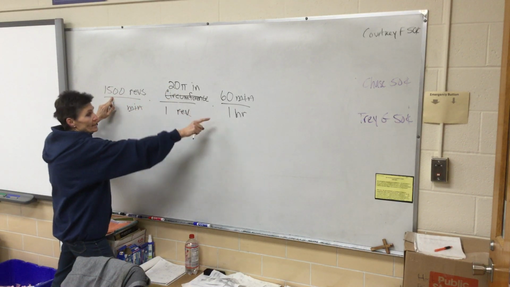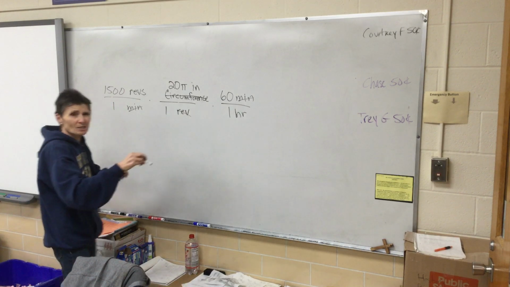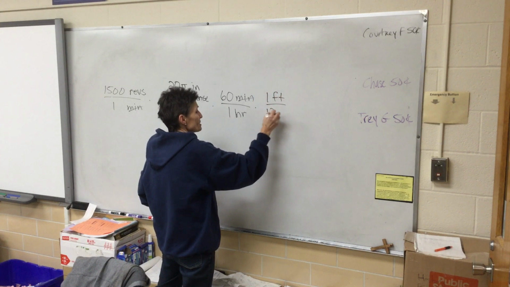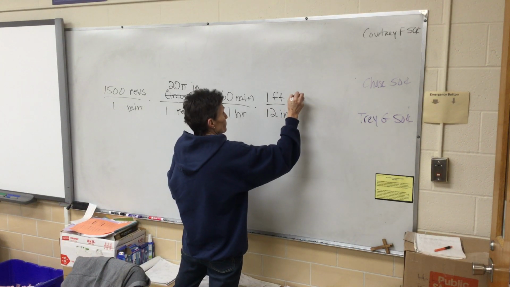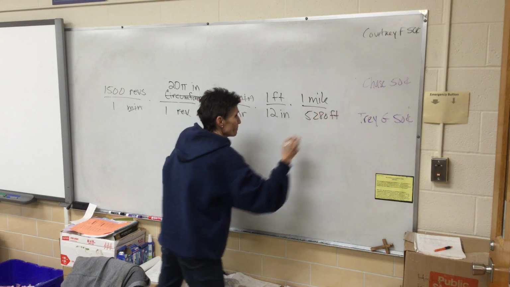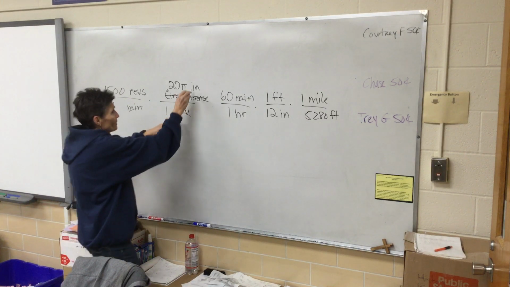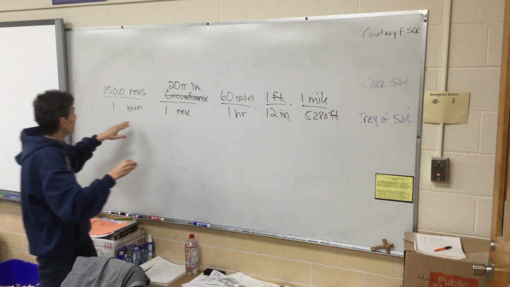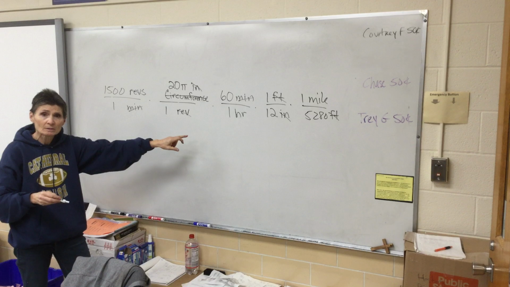Well, that's going to be a lot of inches. So let's change that to feet. Let's say 1 foot, 12 inches. And then let's say 1 mile is 5,280 feet. Okay? So now we got rid of the inches, we got rid of the feet, and all I have left is miles per hour.